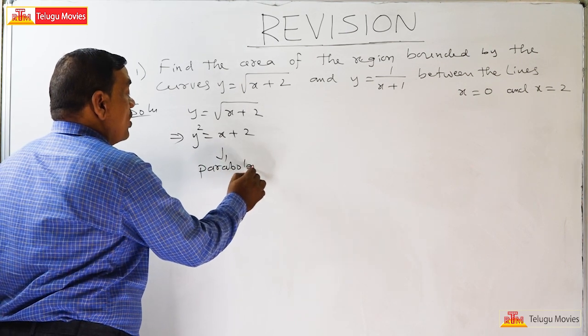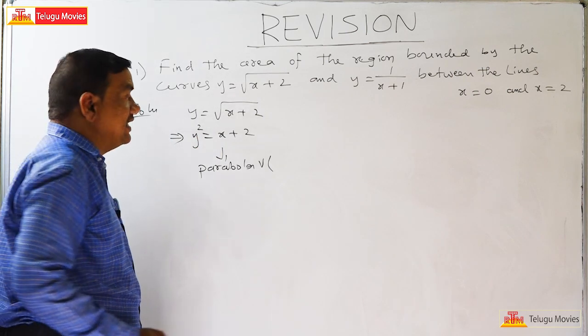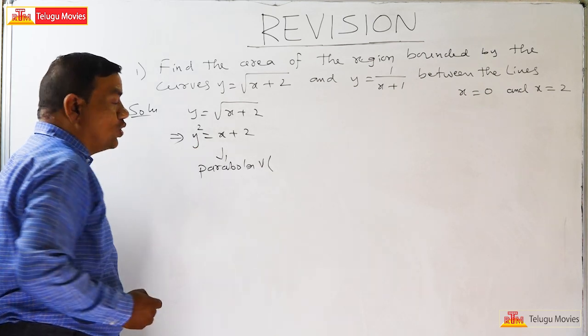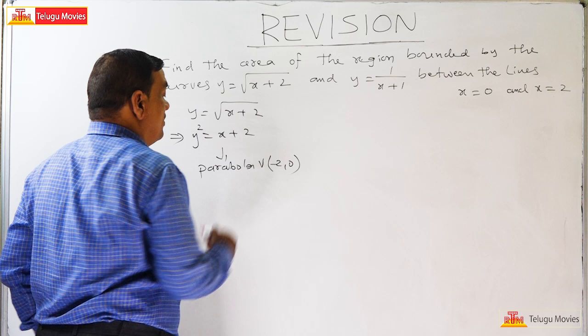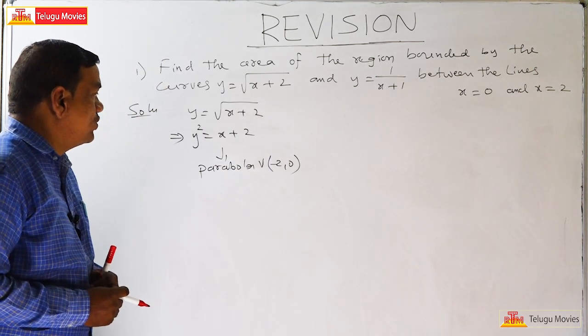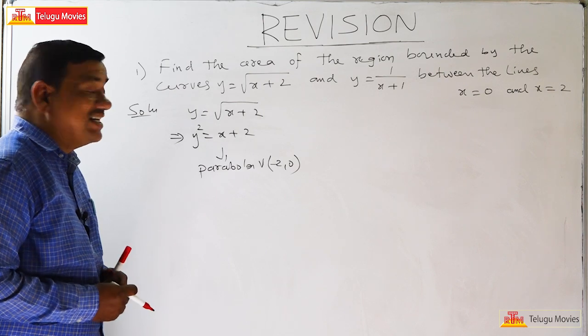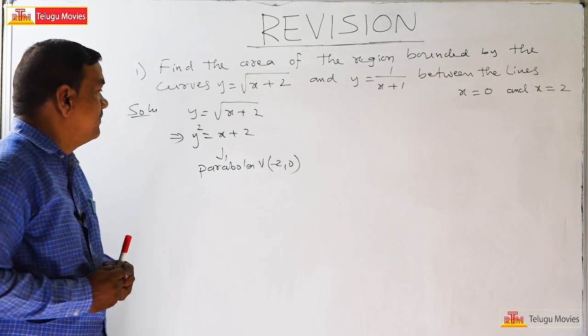If we take y equal to 0, then x equals minus 2, so it intersects the x-axis at minus 2 comma 0. Let us draw the graph afterwards.